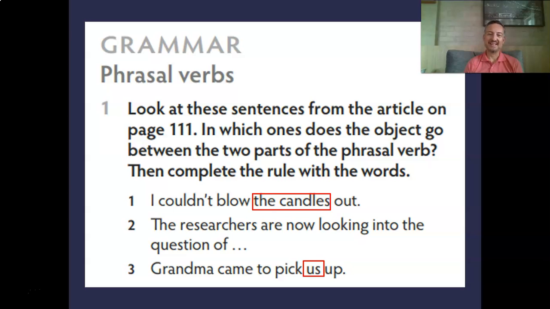And number 3, to pick us up. Number 2, it's not possible to say they're now looking the question into. No, it's not possible. They have to say looking into the question. Okay, so we have blow the candles out, looking into, cannot separate, and pick us up.